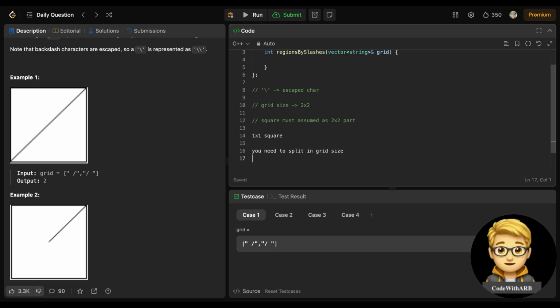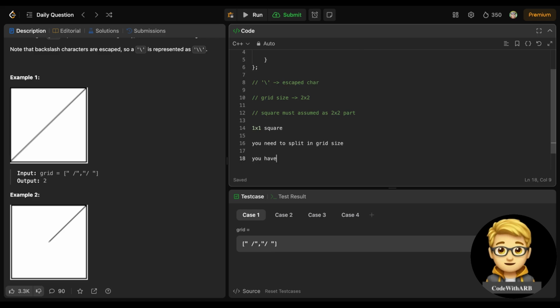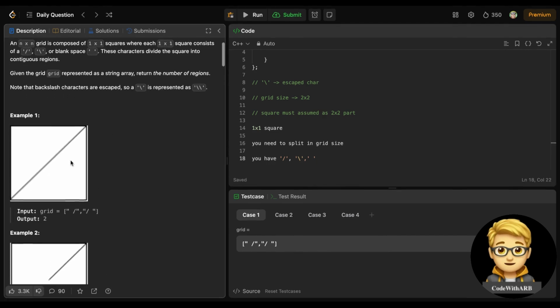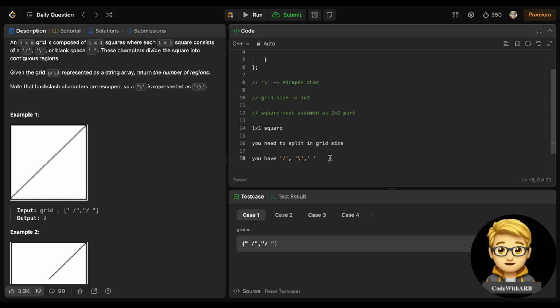You are given some characters, the backslash, forward slash, and the empty space, and they represent how you cut this square, and how many regions it will have when you apply all the forward slashes and backslashes. Does it make sense?